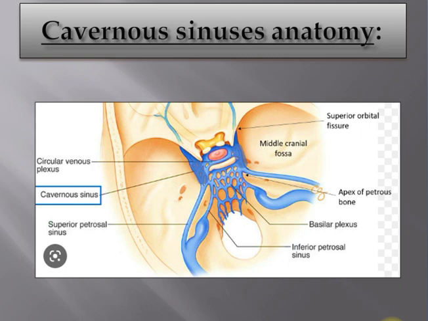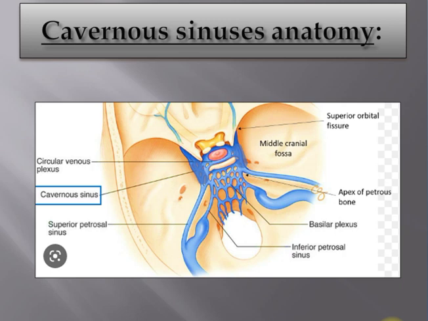Whereas the outer layers of the lateral wall of the cavernous sinus are traversed by cranial nerve 3, that is oculomotor, 5, the first and second branches, ophthalmic and maxillary, of the trigeminal nerve, and 4, trochlear.